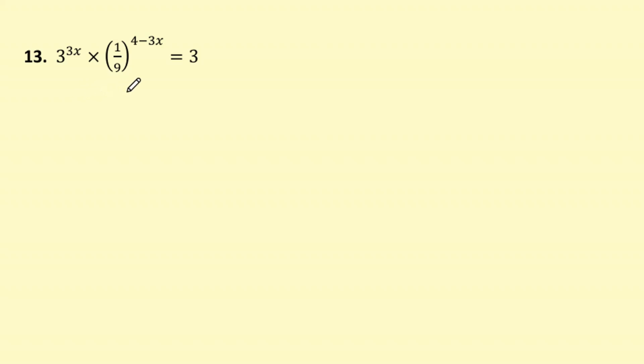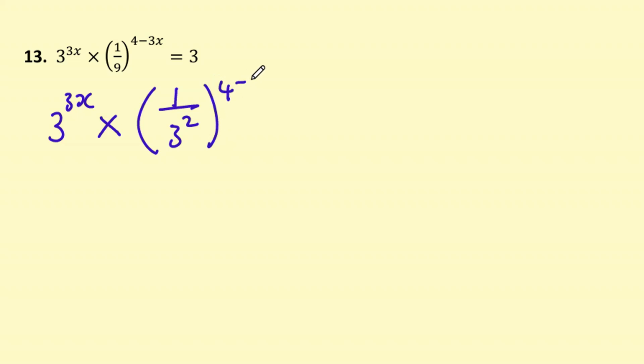Here's a fairly tricky one to solve. We can simplify the left-hand side. And we're going to rewrite the 1 over 9 as 1 over 3 squared. Remember that we want the bases to be the same on both sides of the equation. We can simplify this part.